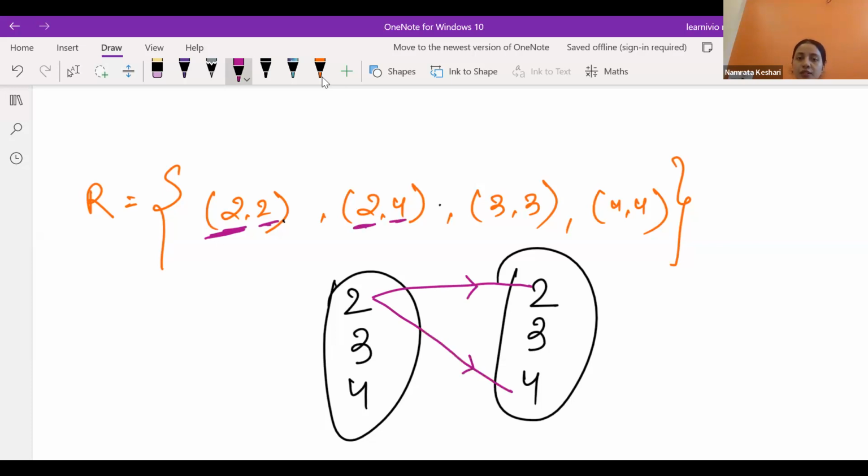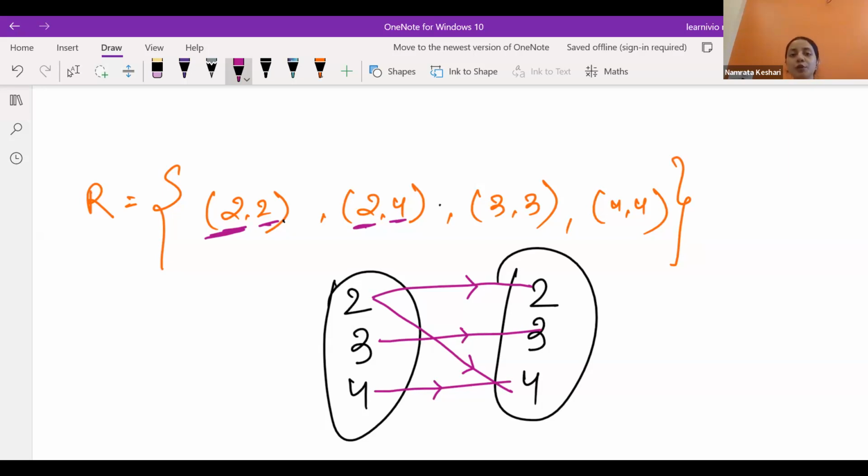The image of 3 is 3 and the image of 4 is 4. Now we just have to identify whether it is a function or not. Rule number 1: each and every element in the first set must have its image in the second set. So 2 is having the image, 3 is having the image, 4 is having the image. Great. Rule number 1 verified.